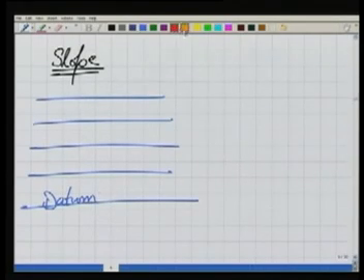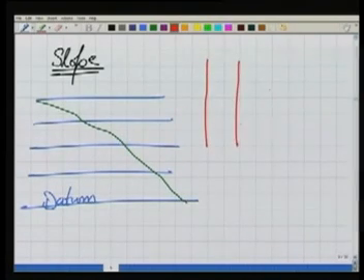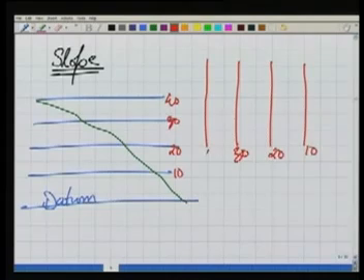If we have a terrain, let us say it is very gently sloping, then for this terrain the contours will look nearly equally spaced and far apart. So I can write the contours as 10, 20, 30, and 40. This is the direction of slope.